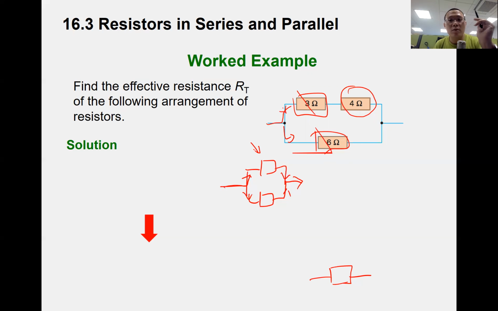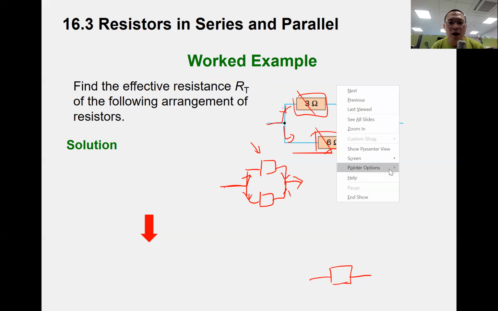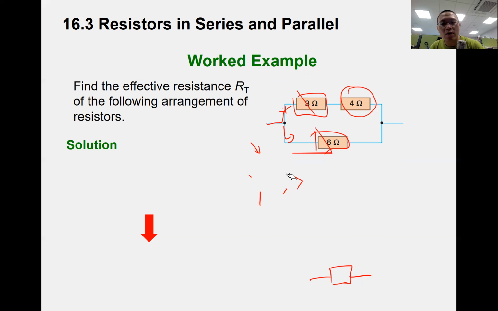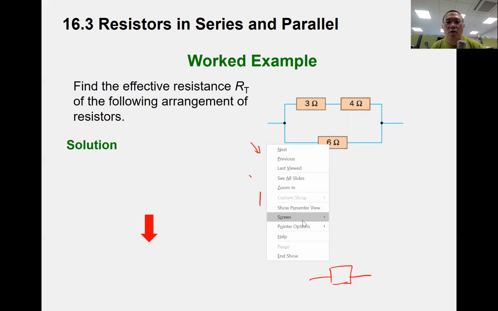Like I mentioned before, once you have these doubts, you do not go ahead to add up 3 and 6 using the parallel formula. It might not be a pure series or pure parallel arrangement, so you need to look at other sets of resistors.